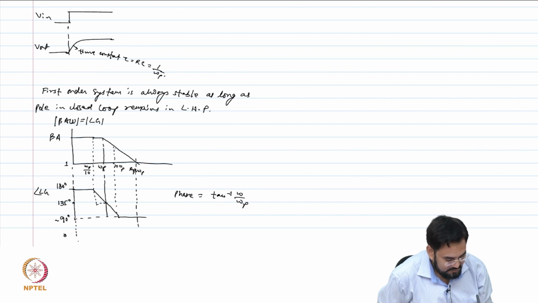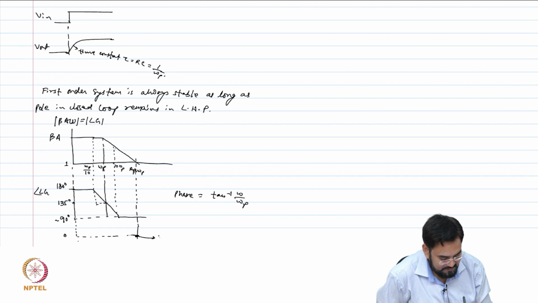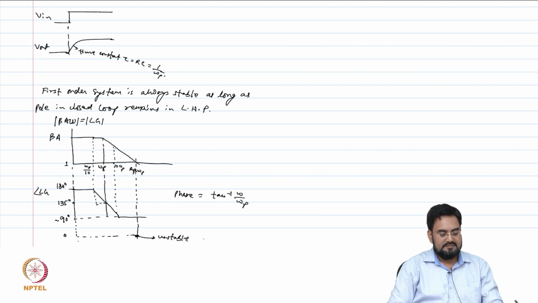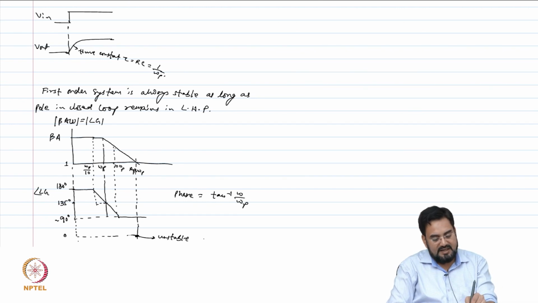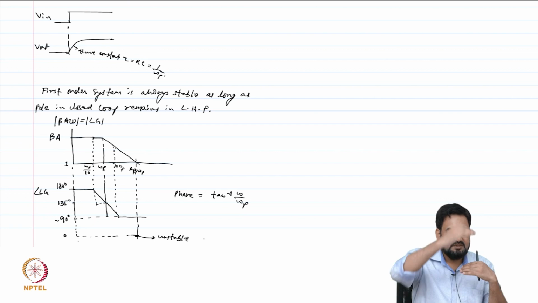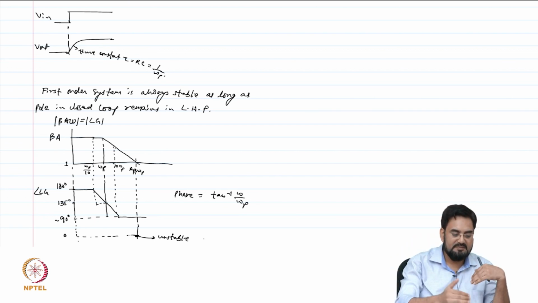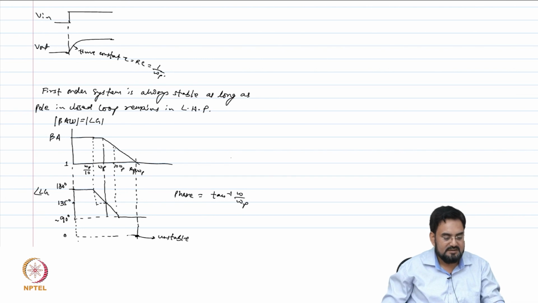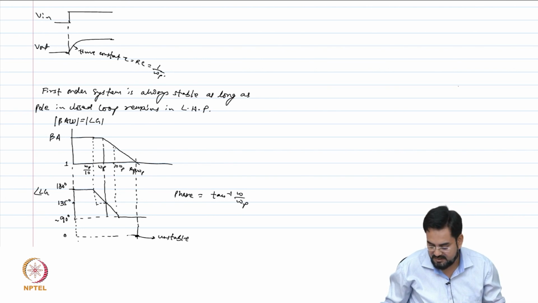So if this is 0, this is the point where it will become unstable. From that unstable point you have to see how much margin you have. Here the margin is 90 degree. That's why we say phase margin is 90 degree.